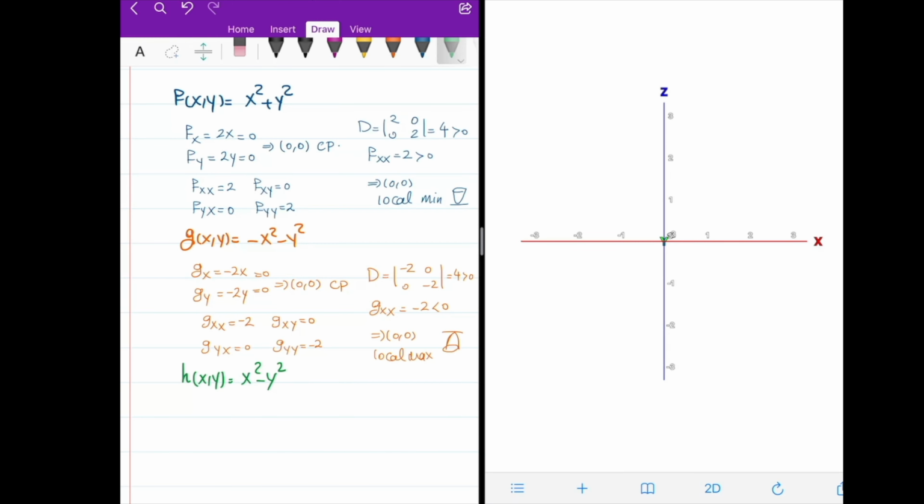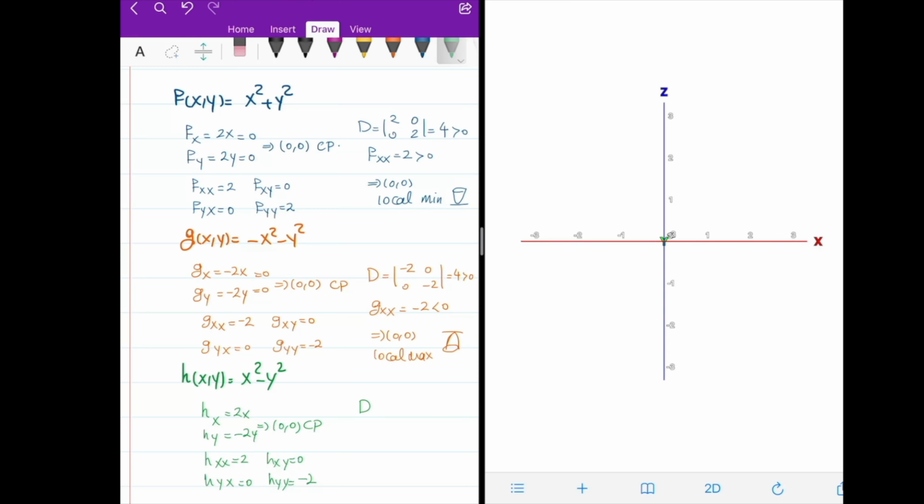For the last one, I have h. So hx is 2x, hy is negative 2y. Then at the same time, I get (0, 0), hxx is 2, hxy is 0, hyx is 0, hyy is negative 2.